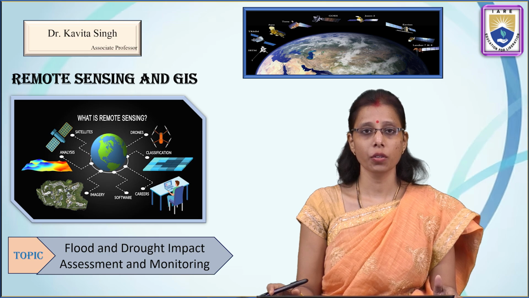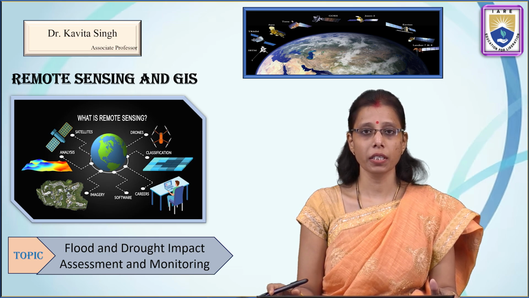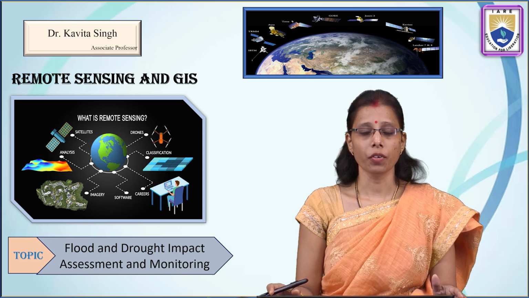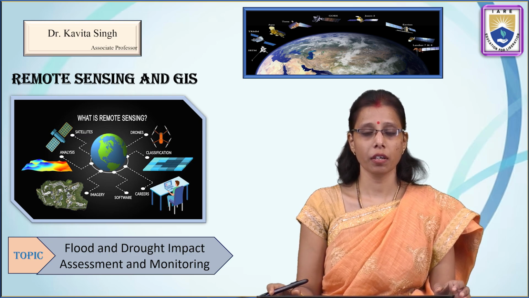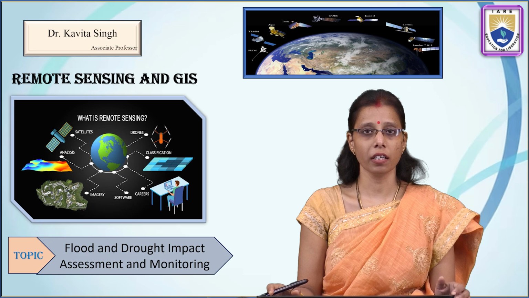So today we are going to discuss a topic called Flood and Drought Impact Assessment and Monitoring. First of all, when we are learning about the watershed and the applications of GIS in water resources, we have to understand flood and drought. These are two different kinds of disasters which frequently occur in areas that are vulnerable to them.